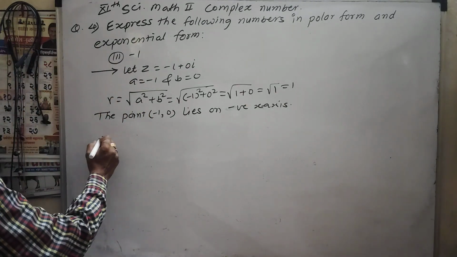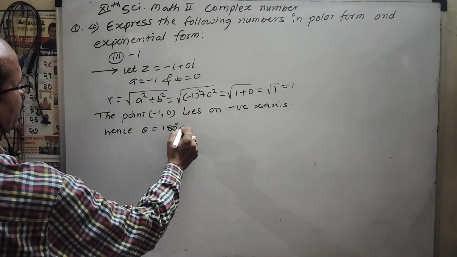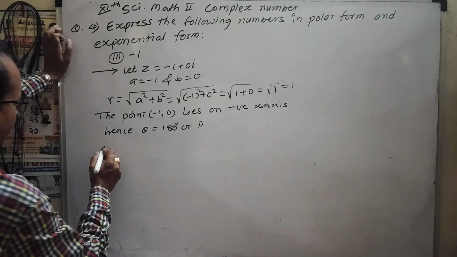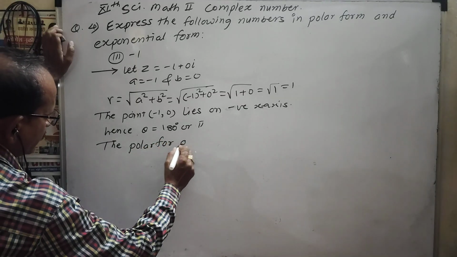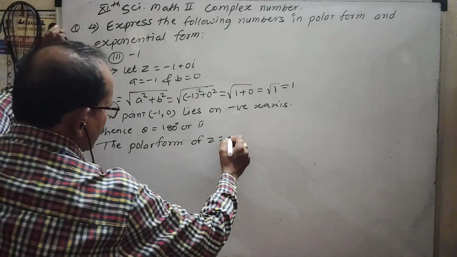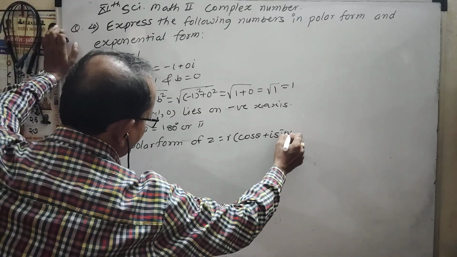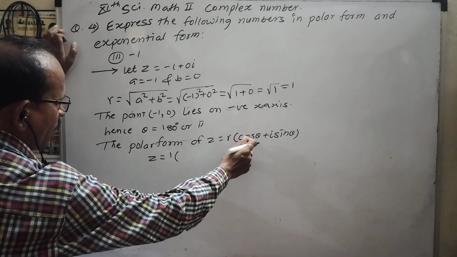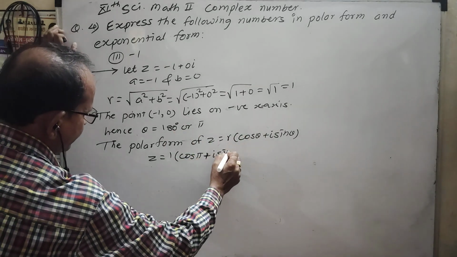Hence theta is equal to 180 degrees, or pi. The polar form of z is equal to r in bracket cos theta plus i sin theta. r is 1, and cos pi plus i sin pi.